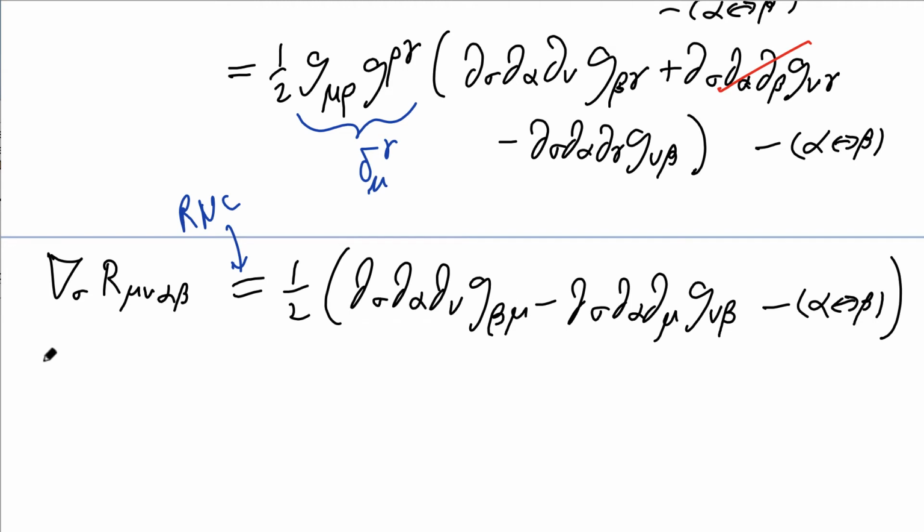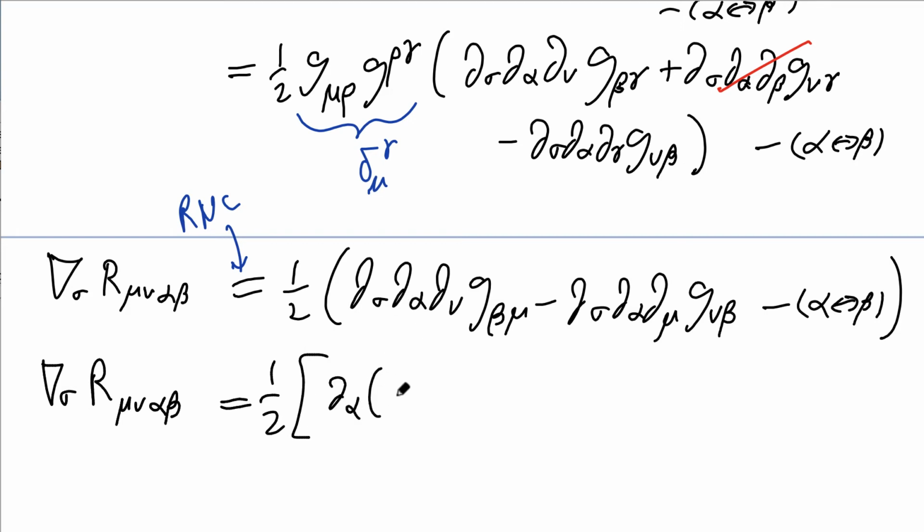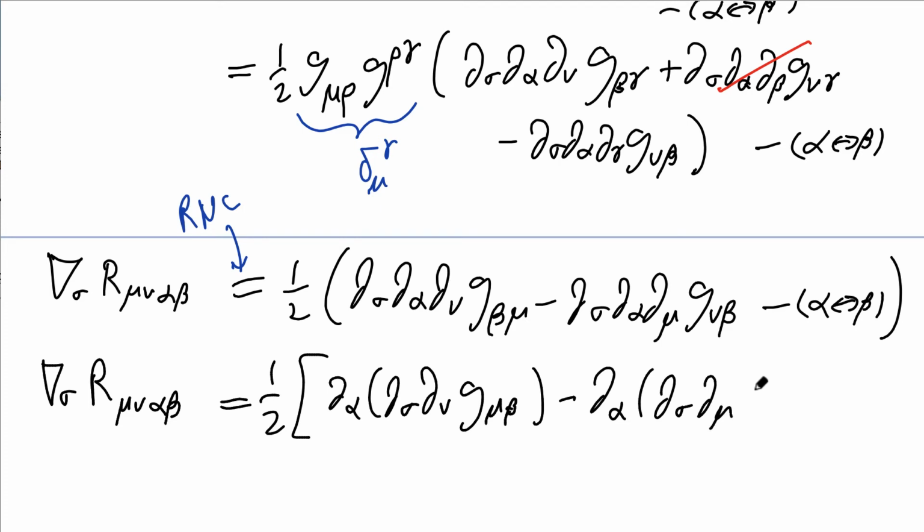So this is ∇_σ R_μναβ equals, in Riemann normal coordinates, 1/2 of ∂_α acting on ∂_σ ∂_ν g_μβ minus ∂_α acting on ∂_σ ∂_μ g_νβ.